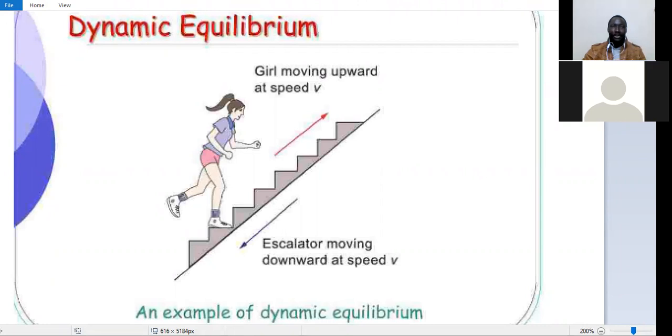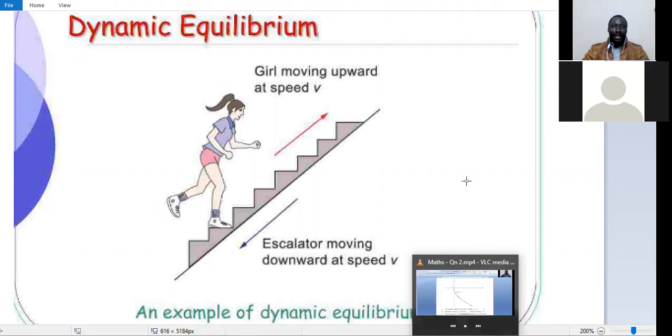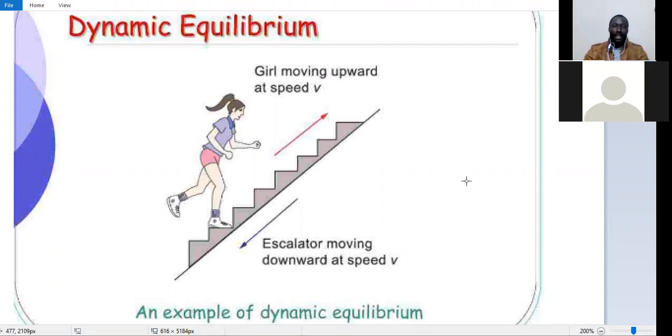The elevator, or escalator, if you like. So the escalator is moving down and you're moving up. Don't you think that could be a good way to jog around? The escalator is moving down, really trying to move down, and you're moving up at the same speed with which the escalator is moving.